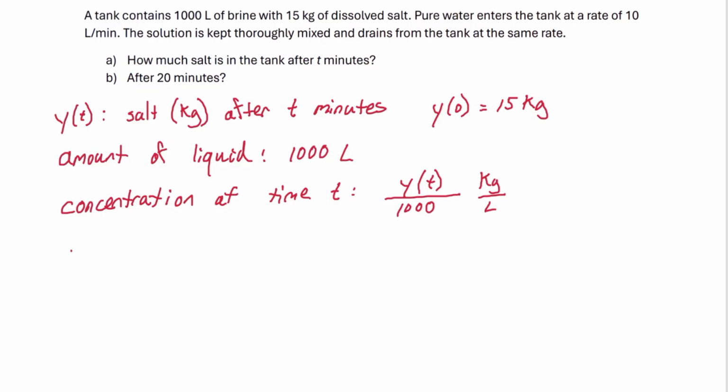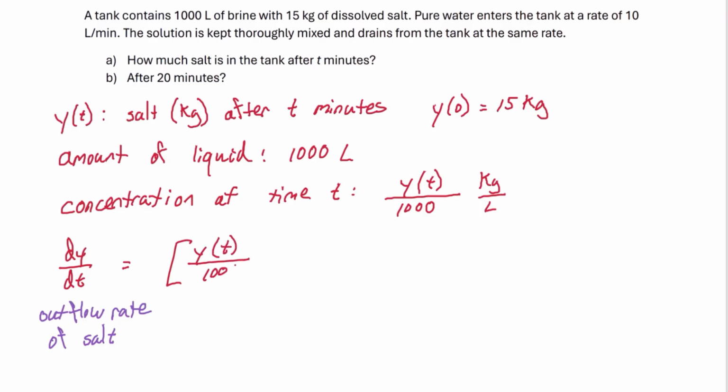Then dy dt, let's think of that as the outflow rate of salt. That's going to be equal to the concentration, y of t divided by 1,000, and again the units are kilograms per liter.